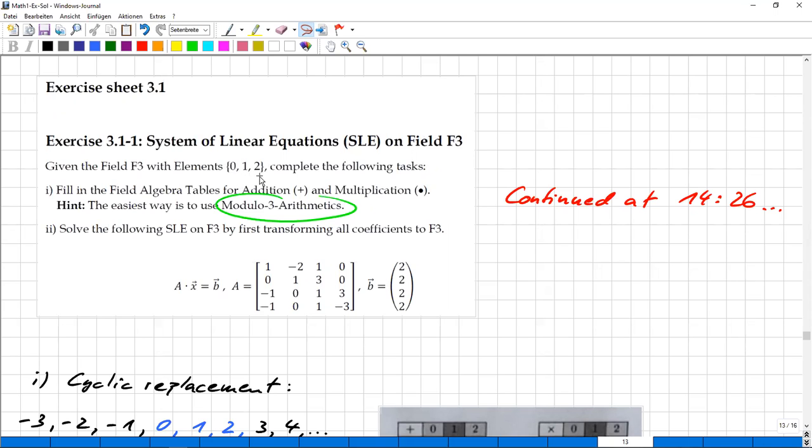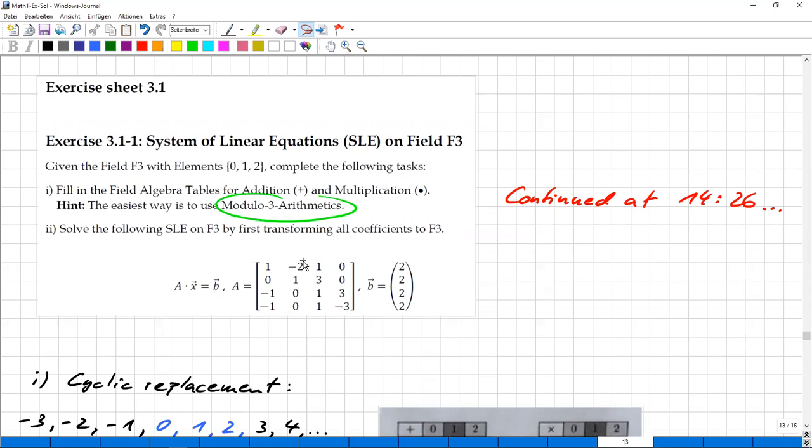So the only numbers that occur in fact are 0, 1, 2. And so this must be some kind of periodic behavior connected to this field.